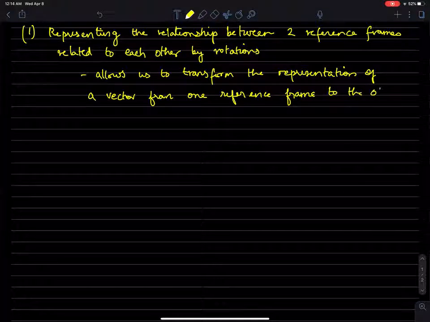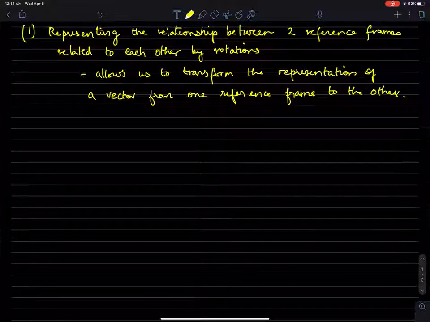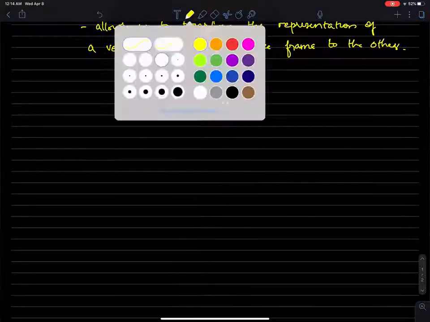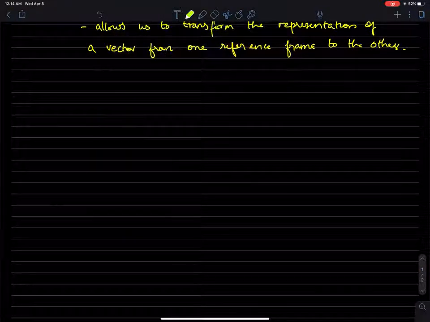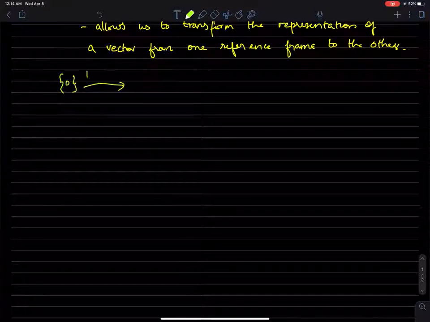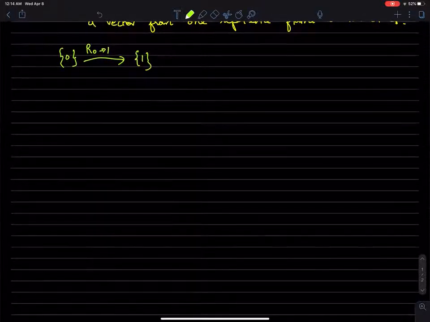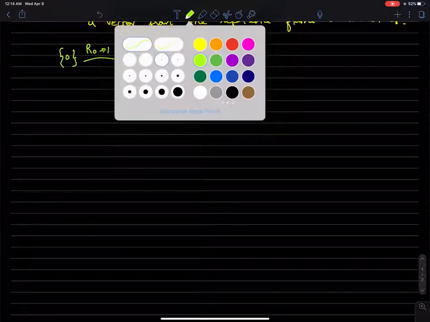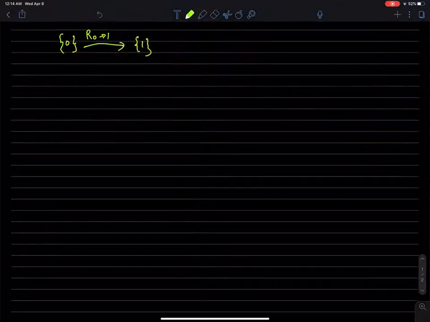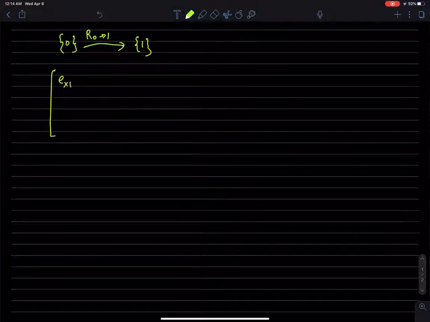The other. So what do we mean by that? This is just a quick recall. So if we had two frames, frame 0, and we had this notation, let's say we have r 0 to 1 allowing us to go from 0 to 1, then we have both the coordinate axes.